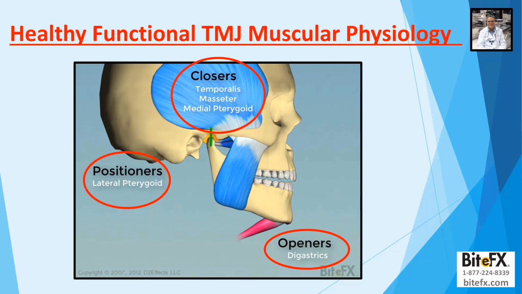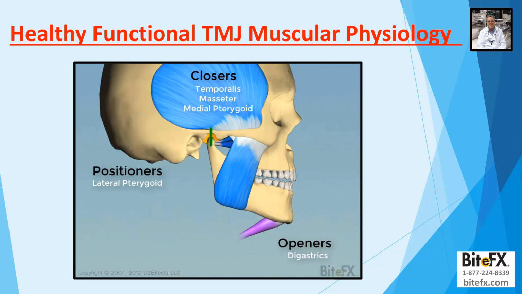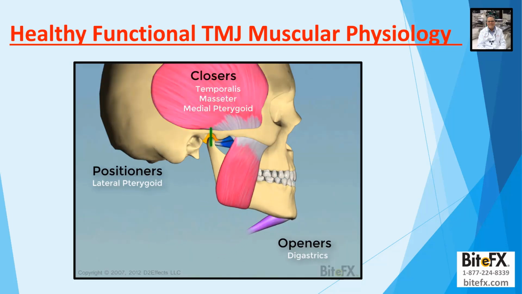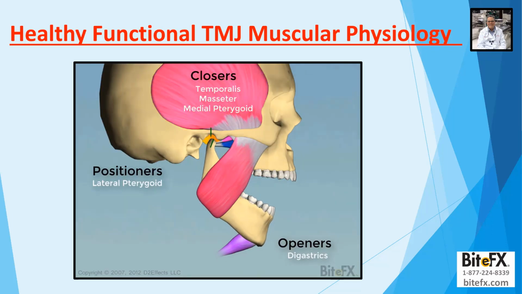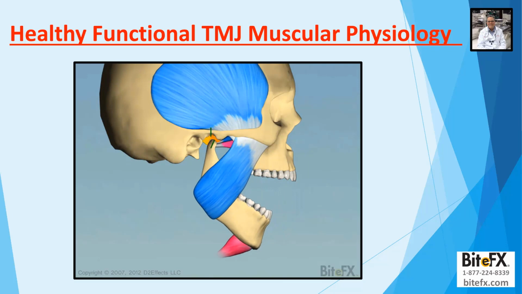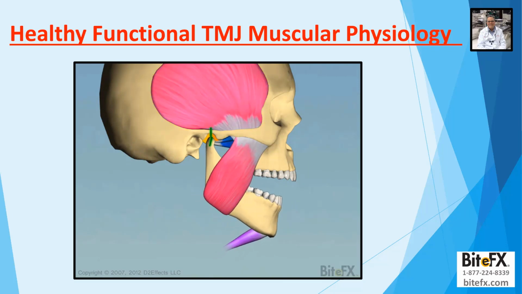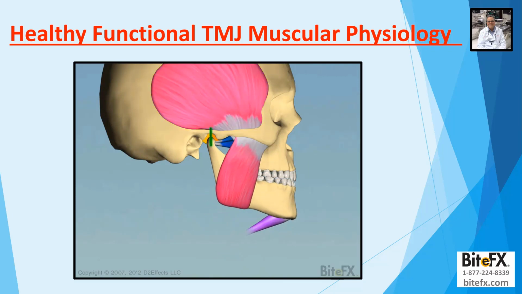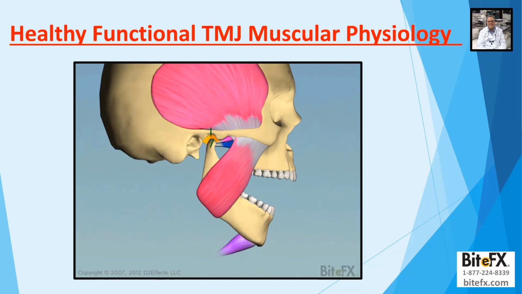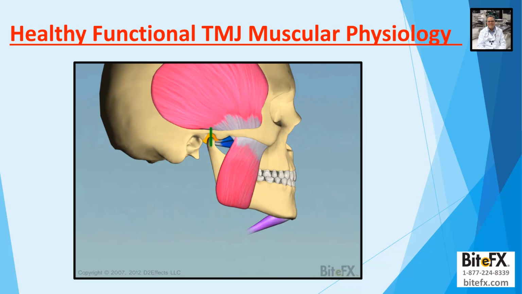These muscles create great force and function in chewing. As we walk through this video, we're going to start with the rotation from the digastrics, and then the positioner. The lateral pterygoid then protrudes and causes the jaw to go forward, and then the heavy masseter, temporalis, and medial pterygoid cause strong chewing.